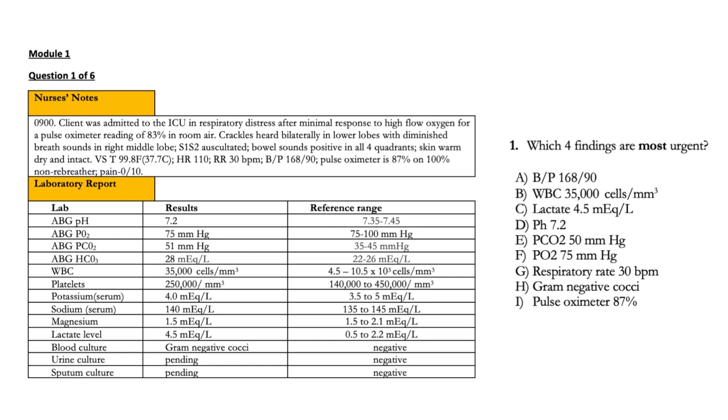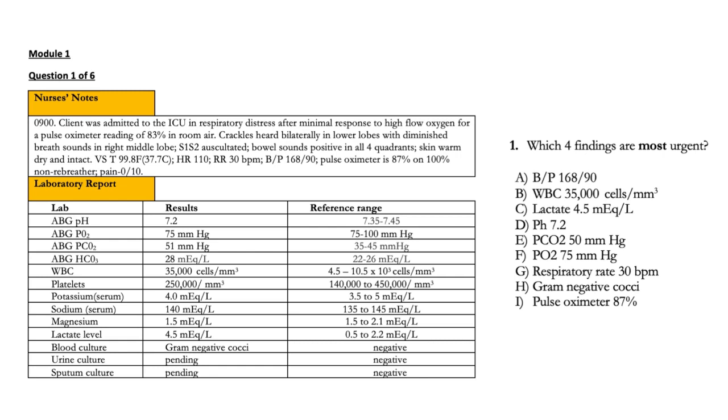Potassium 4.0. Sodium 140. Magnesium 1.5. Lactate level 4.5. Blood culture positive, gram-negative cocci. Urine culture pending. Sputum culture pending.